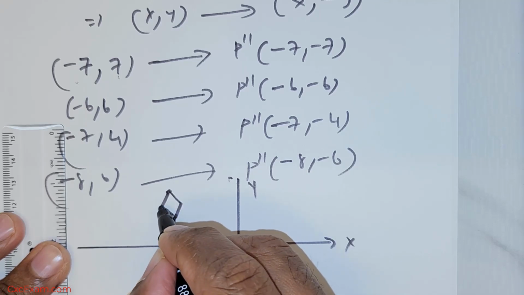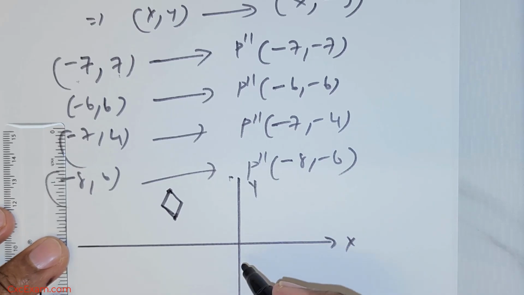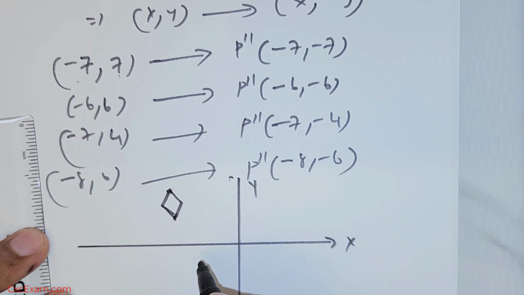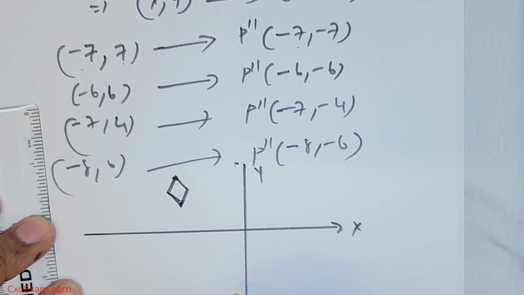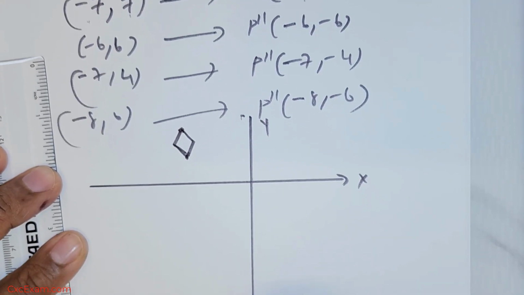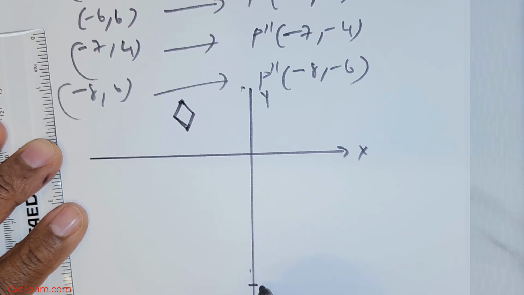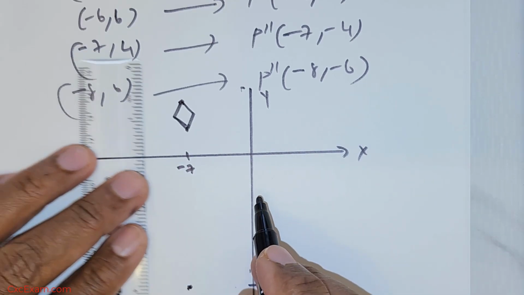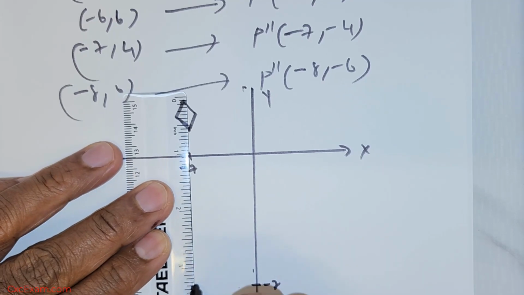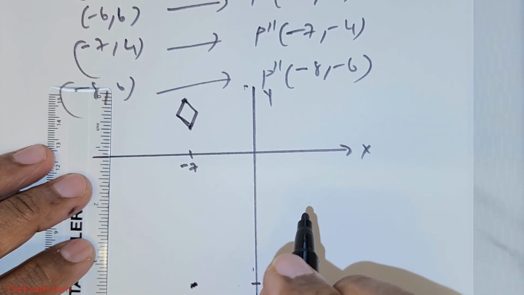This has been the original point. The topmost point would now be rewritten as (-7, -7). So down here, the top point goes over here, at -7.